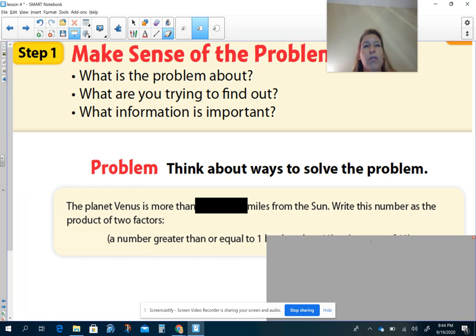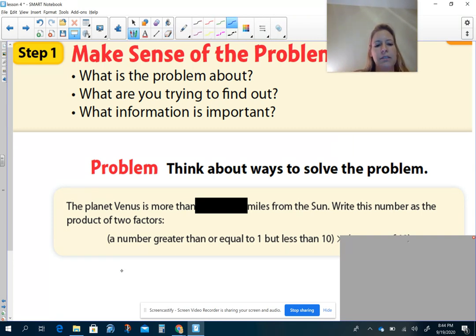Let's see, it can be greater than 1, right? And it can also be equal to 1. So far we know it can be 1. Let's read the rest. But it has to be less than 10. So it can be 1, but what number is less than 10? 9. So could it be?